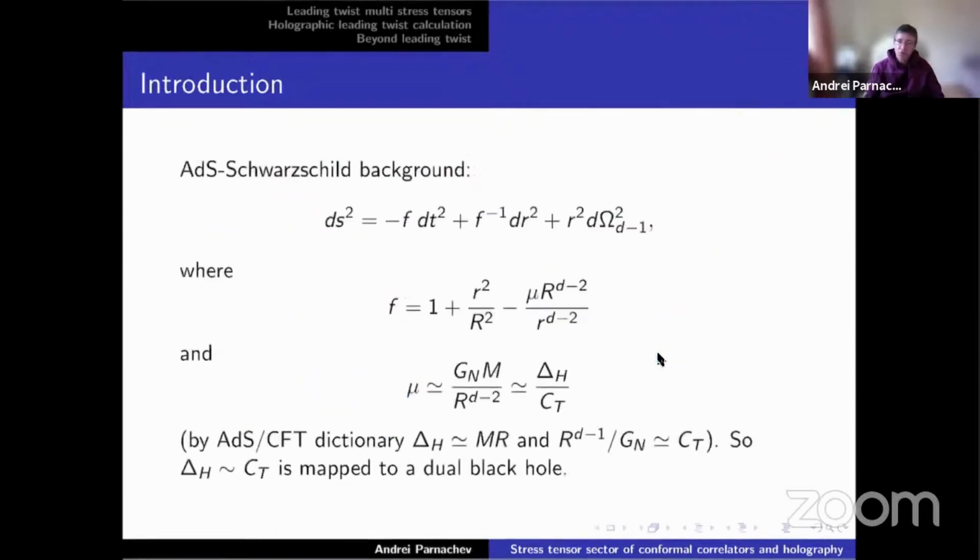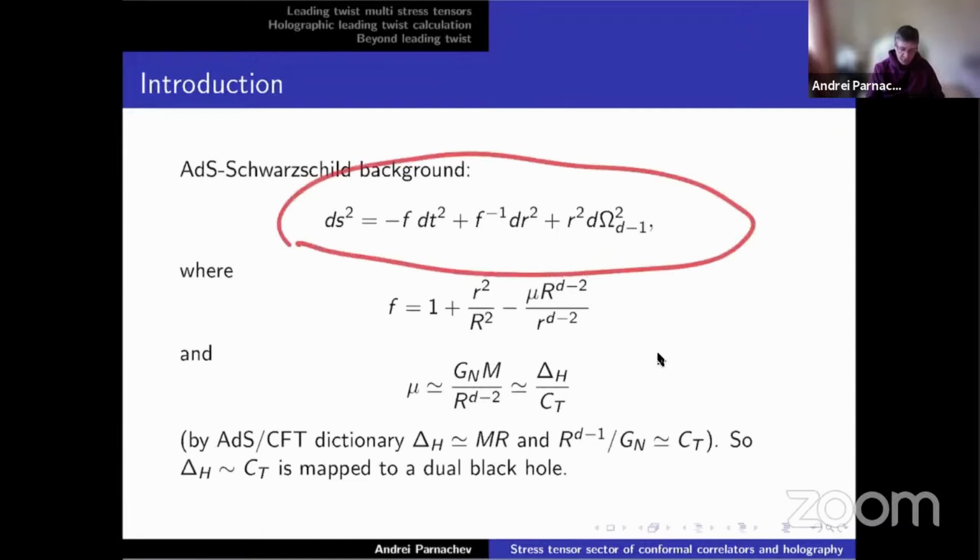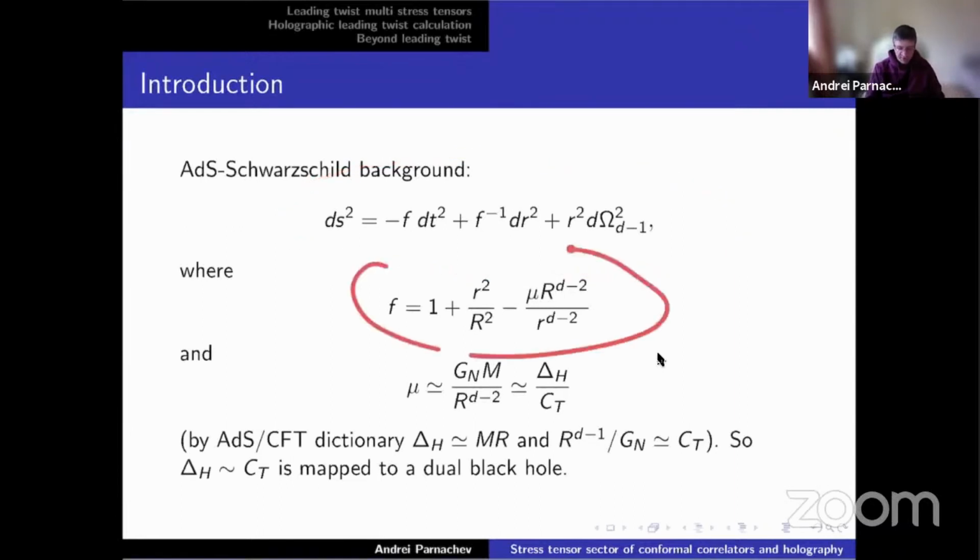Now, from the point of view of the dual AdS theory, this limit that I'm going to discuss in the following, where we take C_T to be very, very large, and the ratio delta heavy over C_T, which we'll call mu, is fixed, corresponds to a black hole. Why is it so? Well, consider the following AdS Schwarzschild background, where the function f is this, and this quantity L is the radius of AdS, and this quantity mu is related to the mass of the black hole in this way.